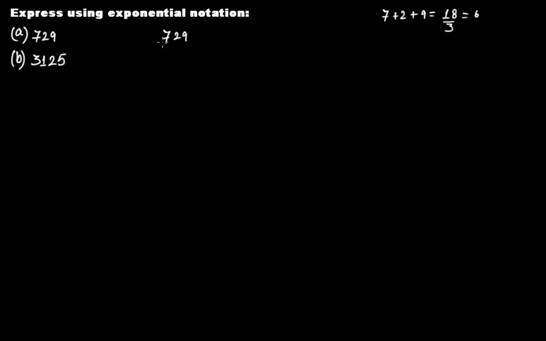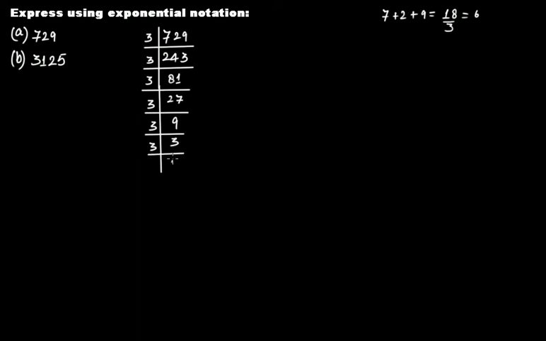So 729 divided by 3 is 243. Further dividing this, you get 81. Further dividing, we get 27. Then 9, then 3 and 3.